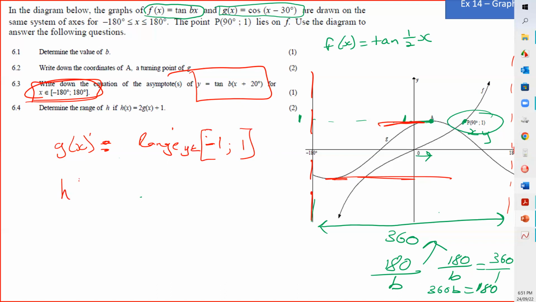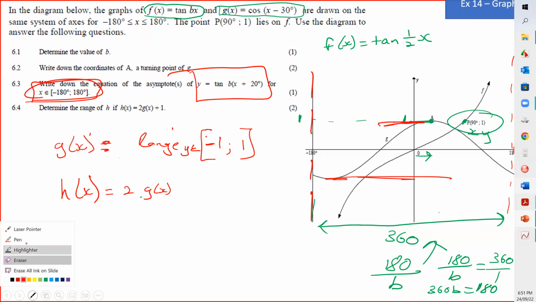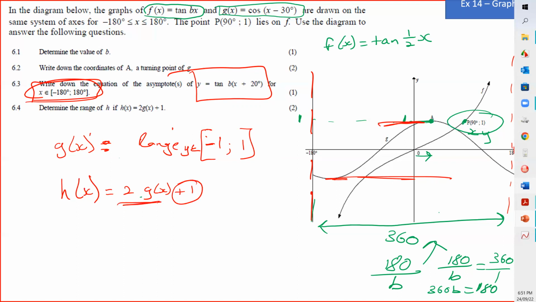So if we look at h of x, they are now looking at that to be twice g of x plus 1. The plus 1 will move the graph 1 unit up, but then we also have the 2, it's being multiplied by 2.